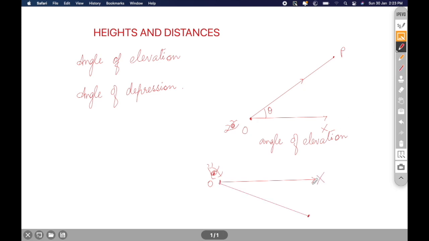OX is the horizontal line and the line joining the eye of the observer to the object P will make an angle theta with the horizontal. That means the observer is looking down. So this angle theta will be known as the angle of depression.